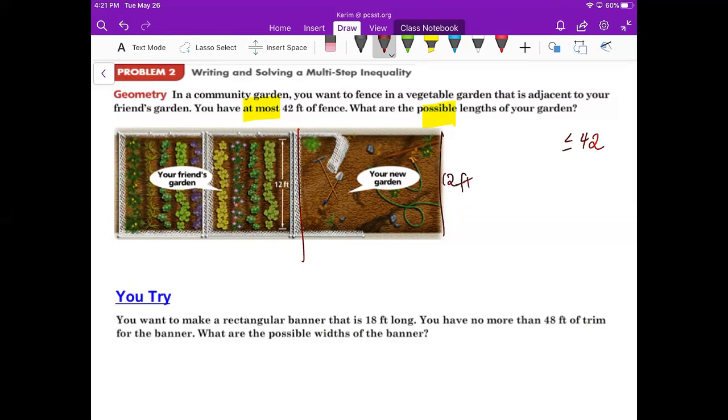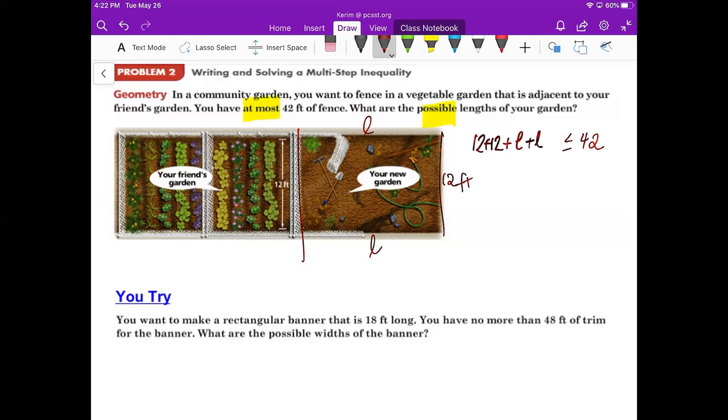Then I'm going to figure out the length. Let's say L, the length. So I have 12 plus 12 plus L plus L, and then that is less than or equal to 42.